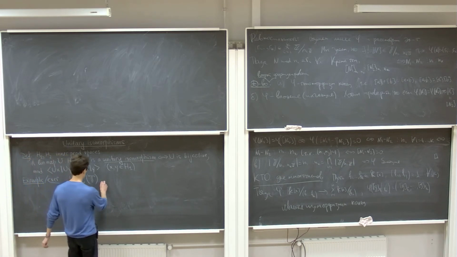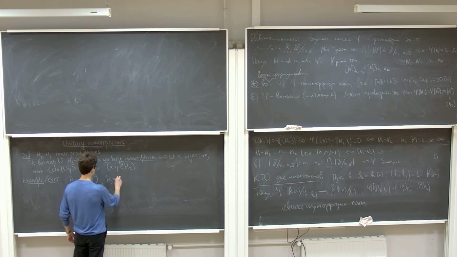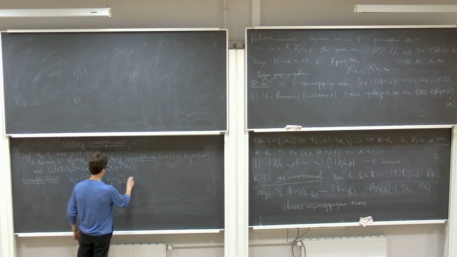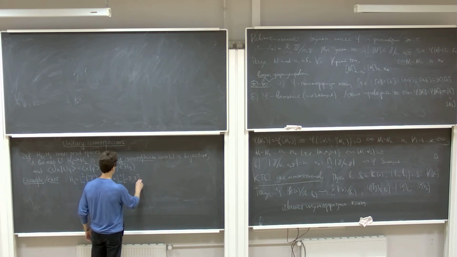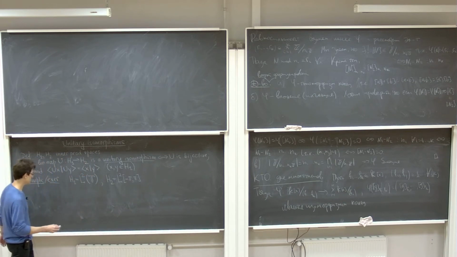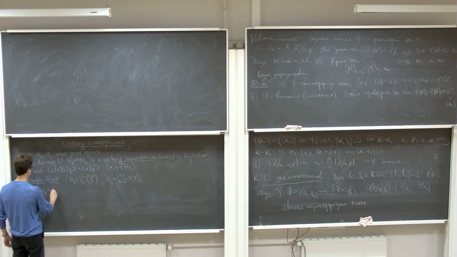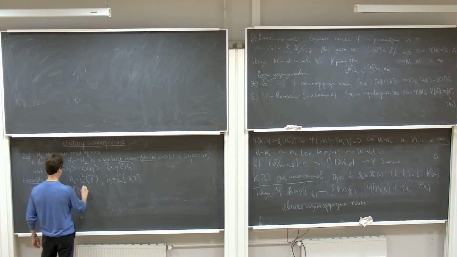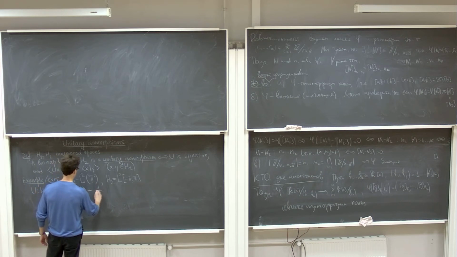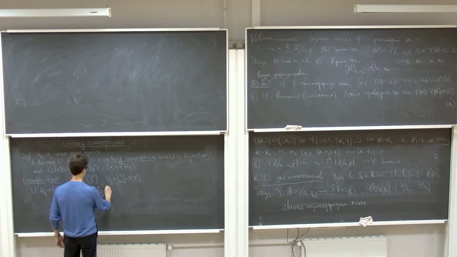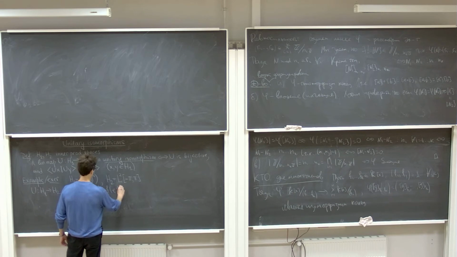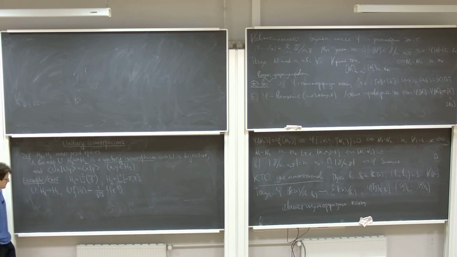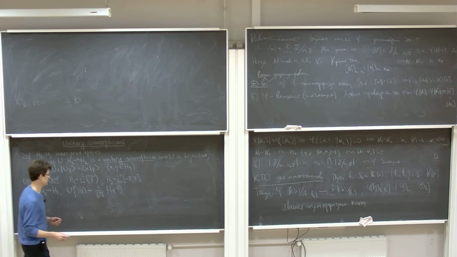So H1 is L2 on the circle, and let H2 be the L2 space on the interval from minus pi to pi. And we define U from H1 to H2 by the following formula. A simple computation shows that U is a unitary isomorphism.